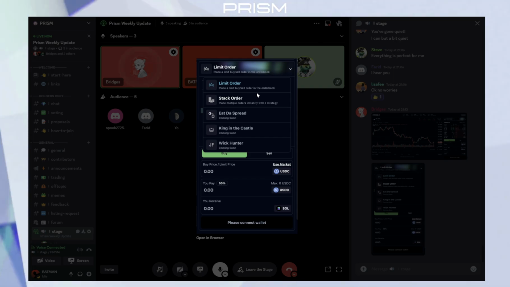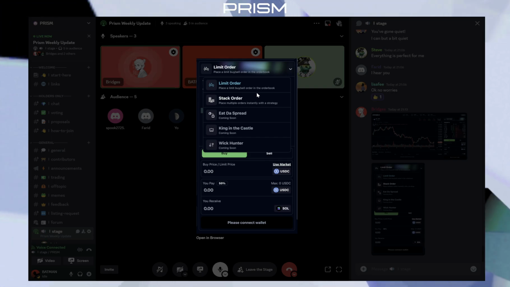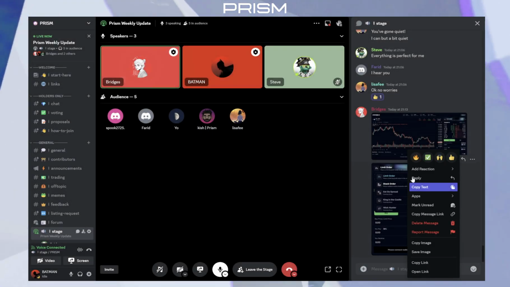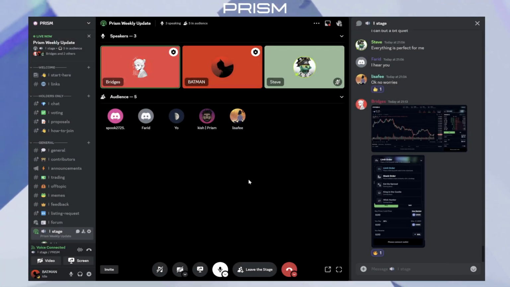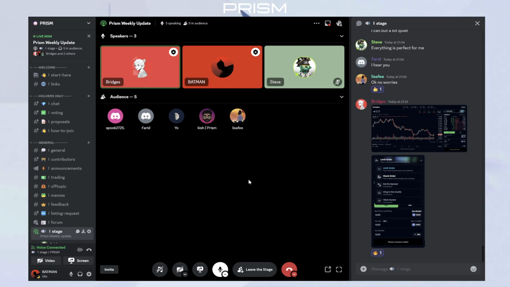So it was basically two options previously, limit order or strategy order. Now that's called a stack order, because it makes more sense and it's easier to understand. You basically stack multiple orders, and it has a description as well. Some people suggested adding information about what each type of order does. So this should make it easier to understand.